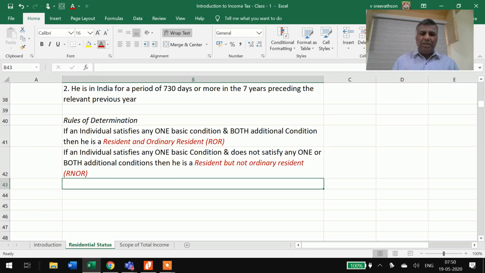He is an RNOR, resident because he satisfies the basic condition, but not an ordinary resident.